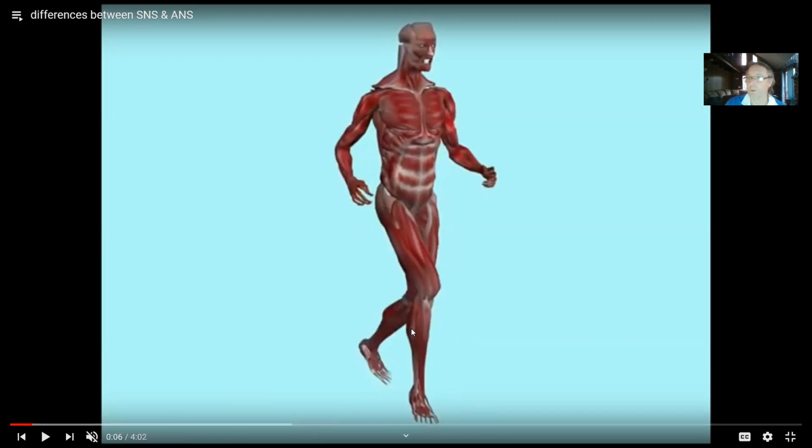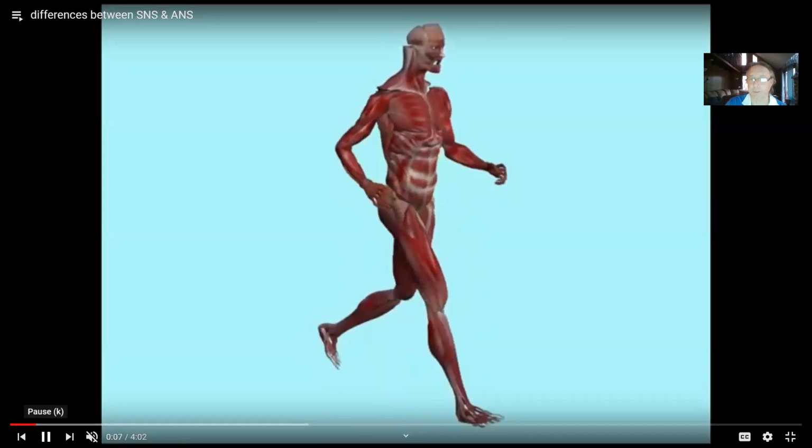Some of what the nervous system does is what's referred to as a sensory division, where it measures things like touch and taste and smell and sight and vision and relays that to the brain. And then, based on this information, the brain and spinal cord may decide to tell the body to do things. So there is a motor division.